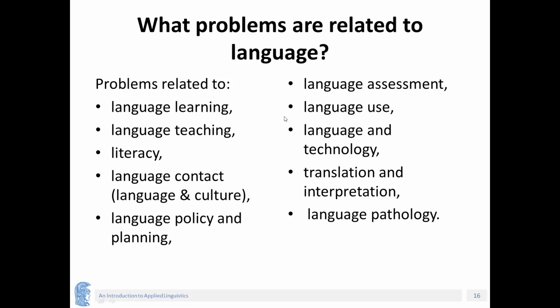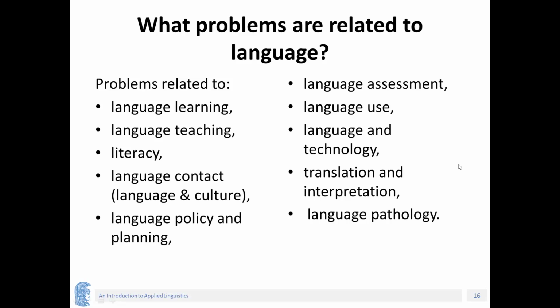Language assessment. Even though we teach a language, even though students learn a language, there can be problems related to language assessment. And then language and technology.